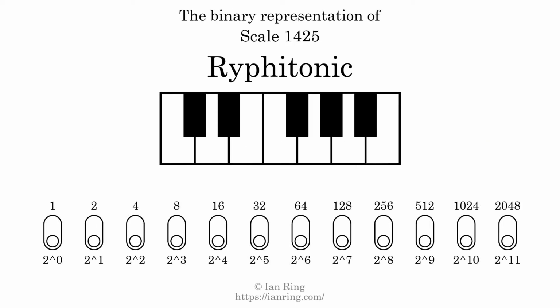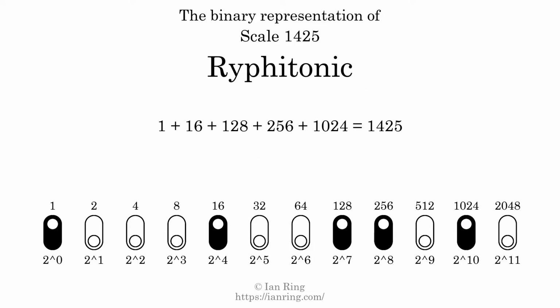The binary representation of this scale is determined by mapping tones of the scale to binary digits. Each binary digit represents a power of 2. To get the scale number, we add the powers of 2 together. The powers of 2 that are present in the scale, all added together, equals 1425.